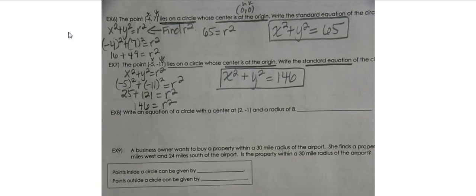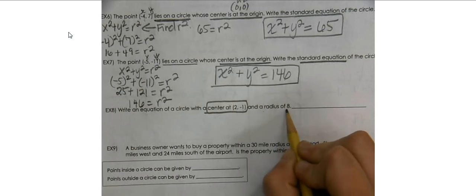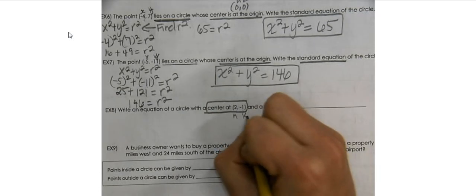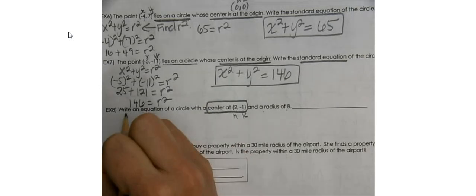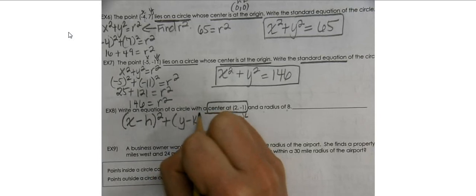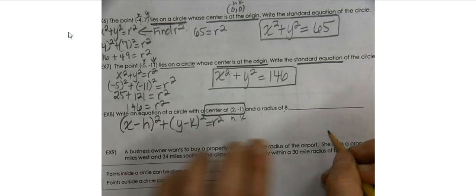So now what it says is we want to write an equation of a circle where the center is located at 2, -1, and our radius is 8. So I have an h value and a k value this time, so I'm going to be plugging those values into the formula of x minus h squared plus y minus k squared equals r squared. So I'm just going to substitute those values into my formula.